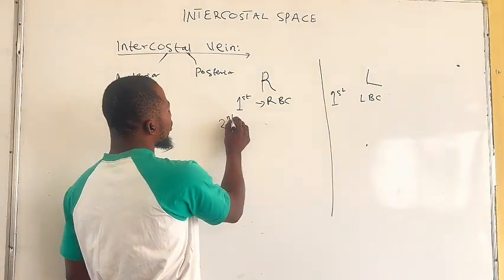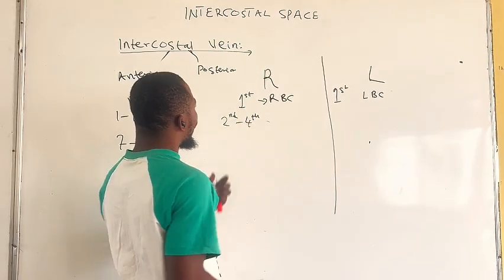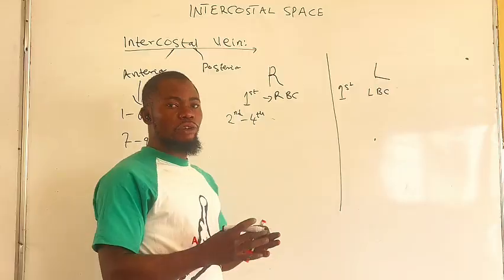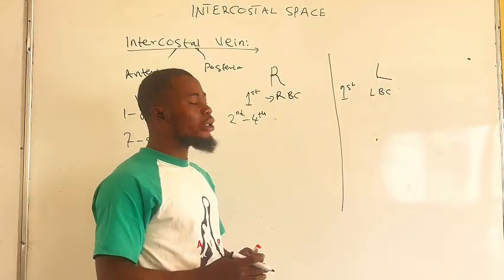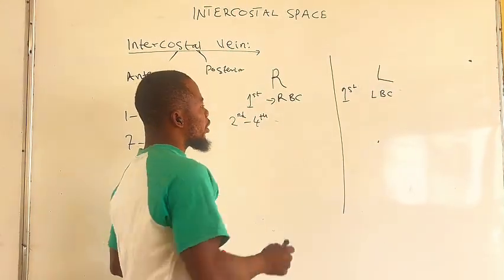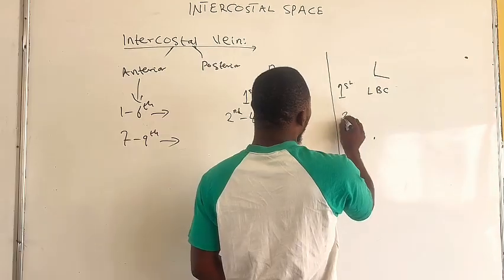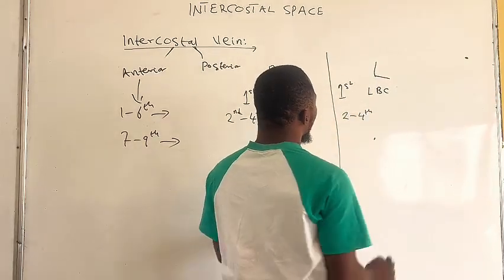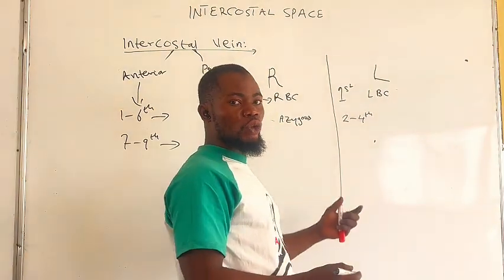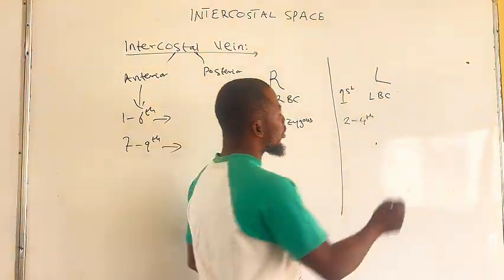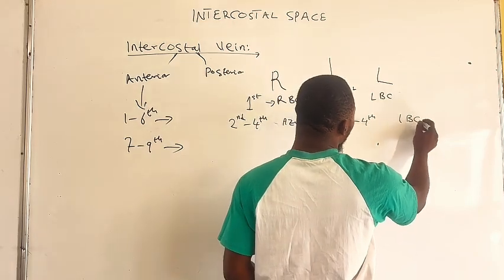Second to the 4th right posterior intercostal veins join together to form right superior intercostal vein and they terminate at the azygos vein, whereas the 2nd to the 4th left posterior intercostal veins join together to form left superior intercostal vein and they terminate in left brachiocephalic vein.